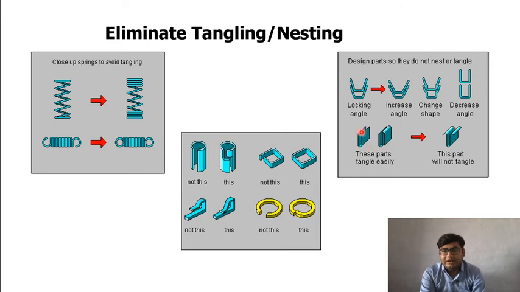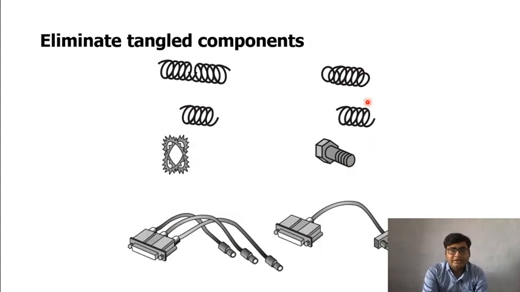And if we are using this type of part, U-shaped parts, then they can easily be tangled. So to make sure that they do not tangle or nest, we give some bends in outward curvature, so it will no longer tangle. And here are again some examples of how to eliminate tangling of parts.